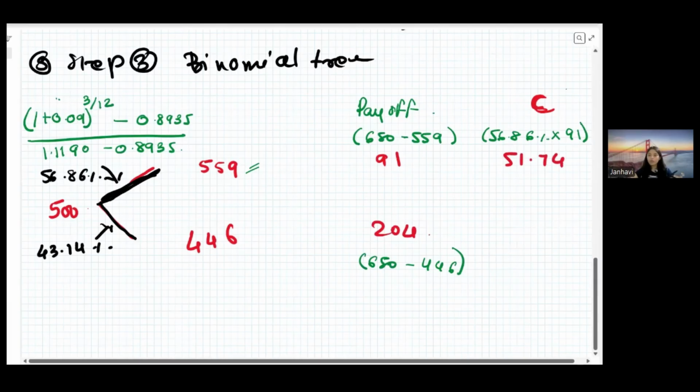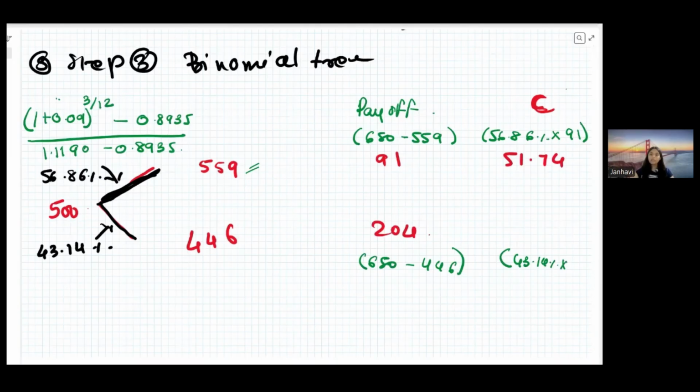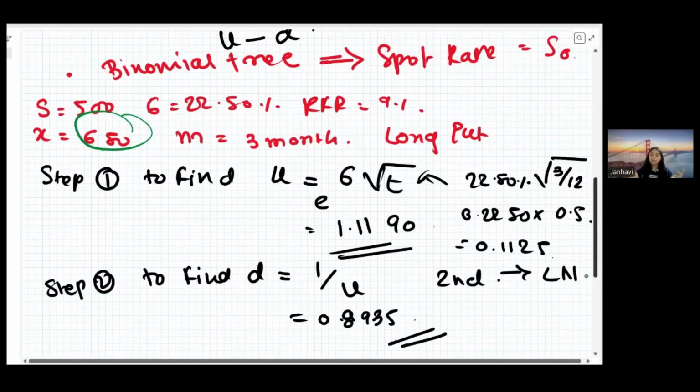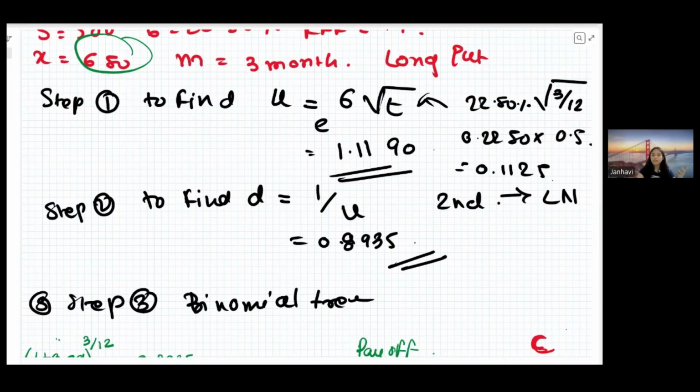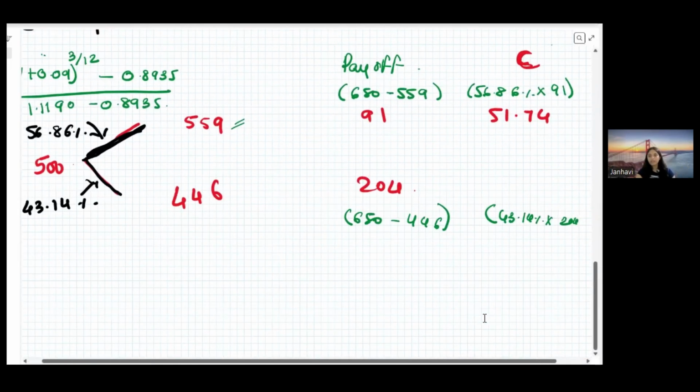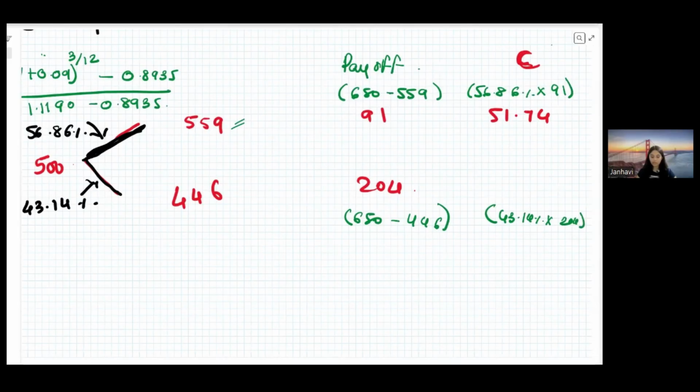Same thing we'll do for this downside situation, that is 43.14% into 204. Sorry, everybody, sorry. Wait. 204. Let's calculate this. 43.14% into 204, and that gives us around 88 or 87.